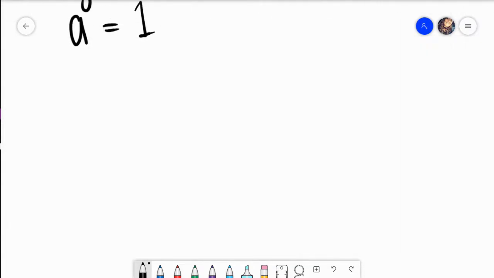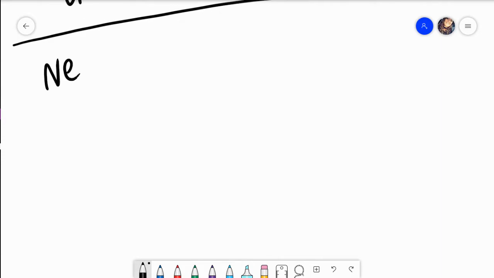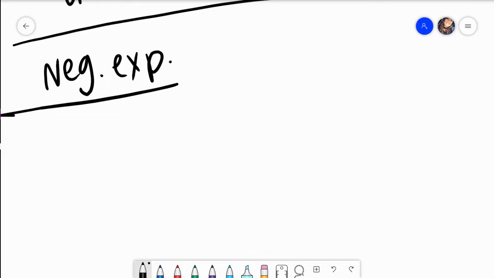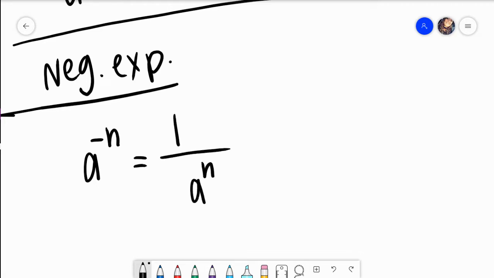And then we have a negative exponent rule. Okay, so if you ever have a variable raised to a negative power, what you do is you take the reciprocal and the power becomes positive. And hopefully y'all notice that this equal sign means equivalence, right?